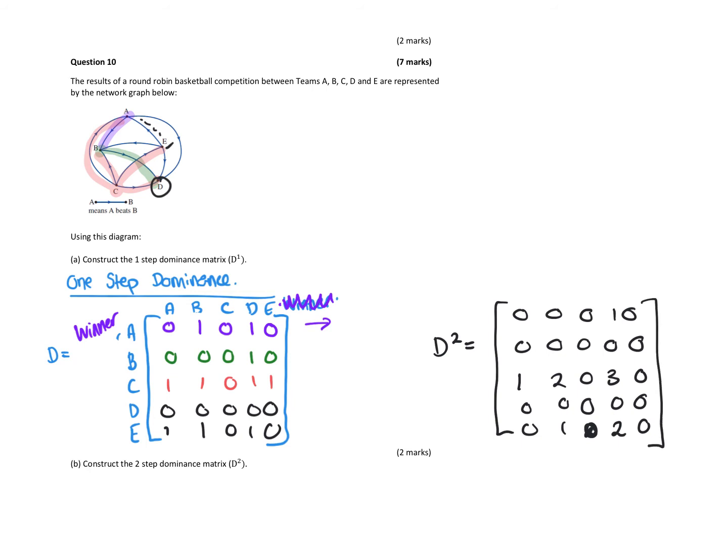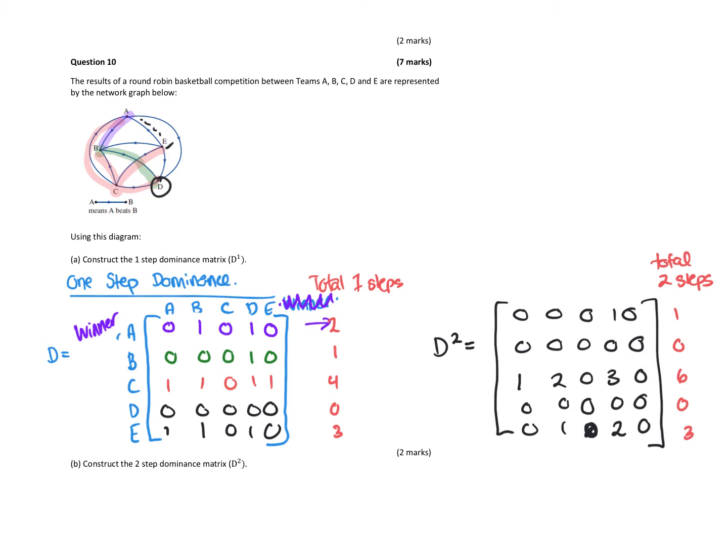Okay, if you wanted the total of 1 steps, that would be going along here. So this one would be 2, this one would be 1, this one would be 4, 0, and this would be 3. If you want the total of 2 steps, you just add up these ones. So this would be 1, 0, 6, 0, and 3.